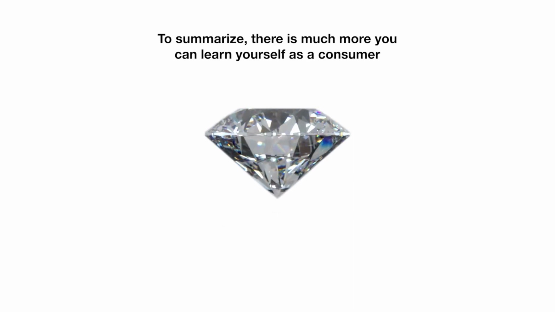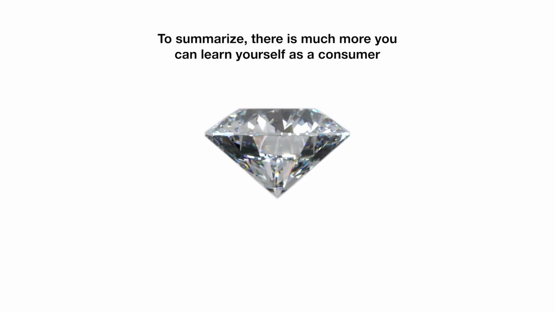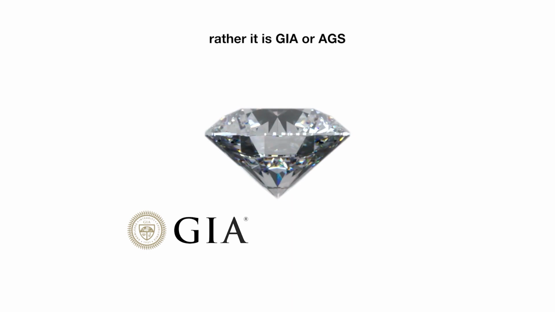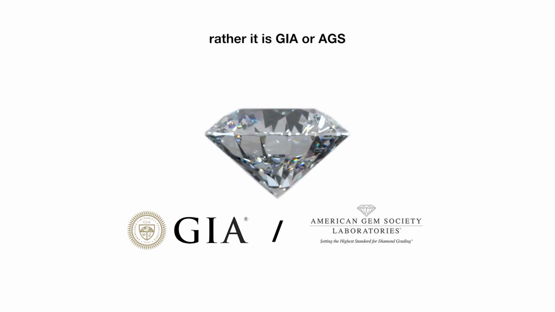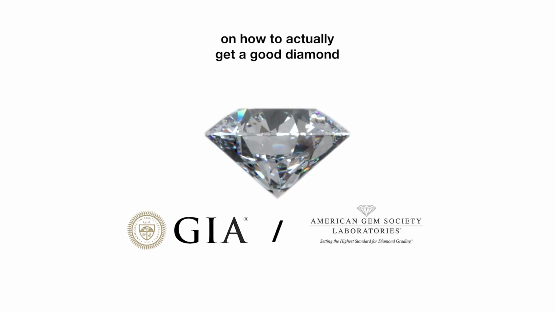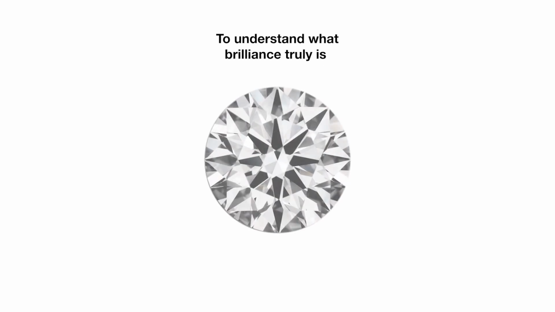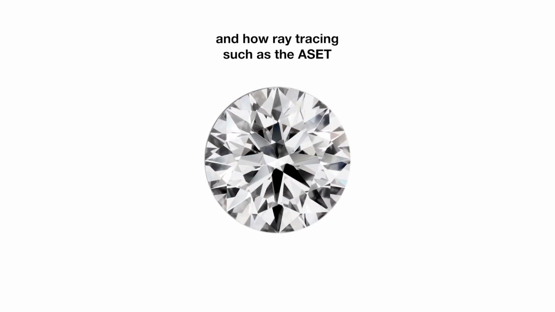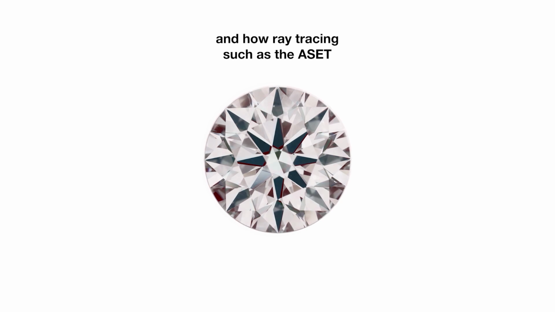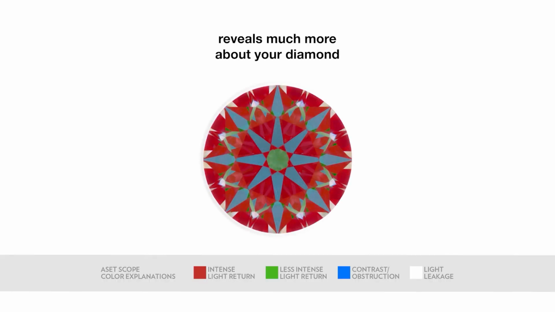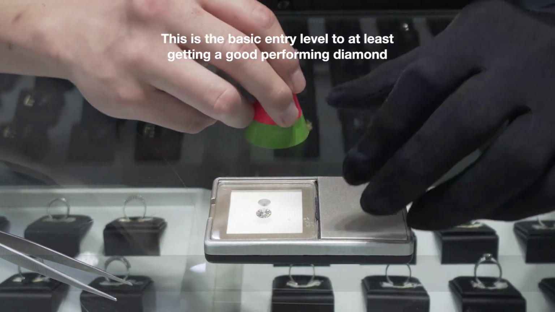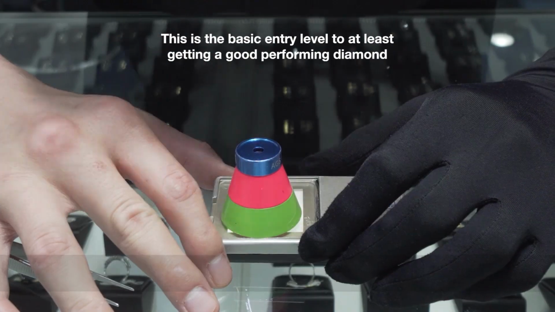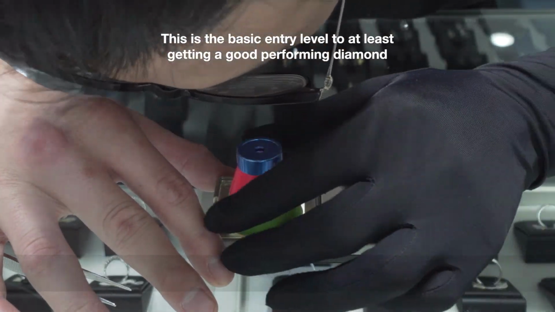Anyway, to summarize, there is much more you can learn yourself as a consumer, whether it is GIA or AGS, on how to actually get a good diamond. To understand what brilliance truly is and how ray tracing, such as the ASET, reveals much more about your diamond. This is the basic entry to at least getting a good performing diamond.